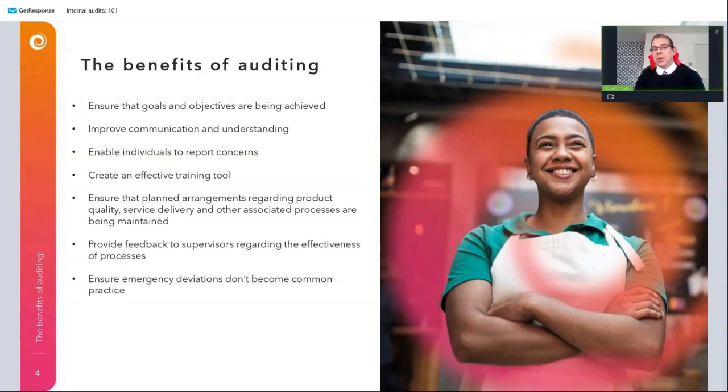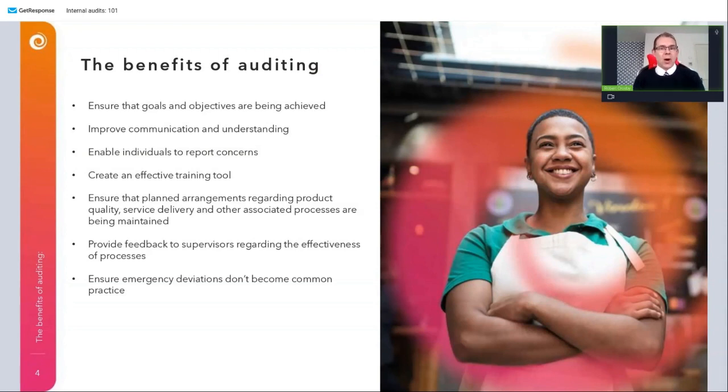It can improve communication and understanding of the business processes themselves, and it can also allow various people within your organization to get involved in that process so that they can help the wider business manage their processes and activities to ensure that things are going, as I said, according to plan.